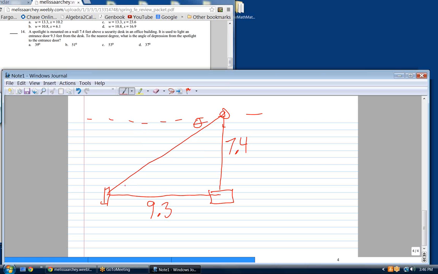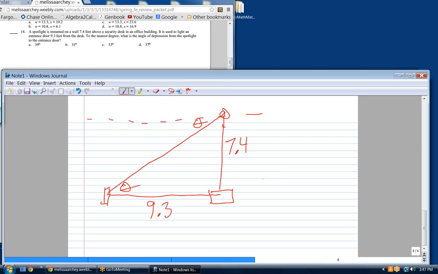That theta is the same as that theta. The angle of depression always has to be measured from the horizontal. I started to label this one, but that's not the angle they're referring to. They're referring to this one here, and that is the same as this, and this we can solve with a trig function.